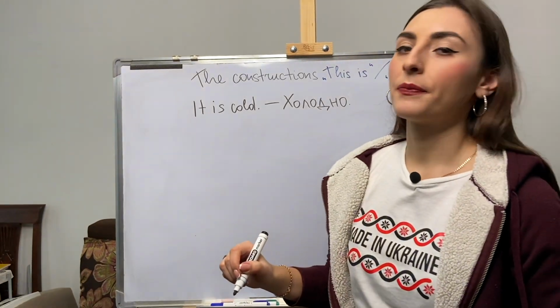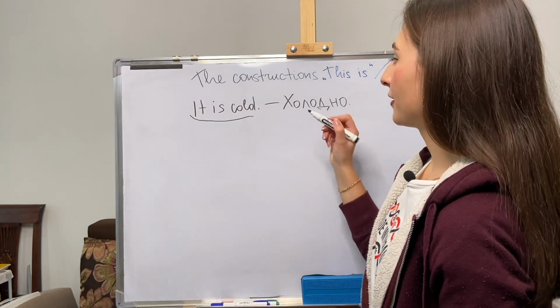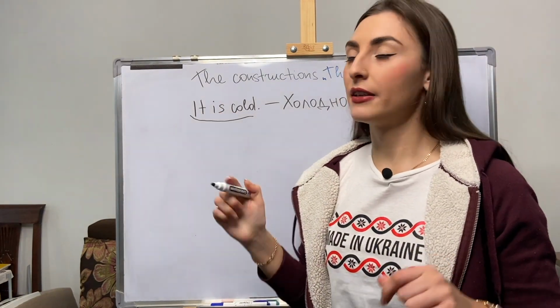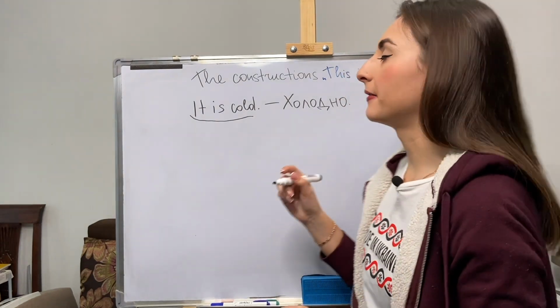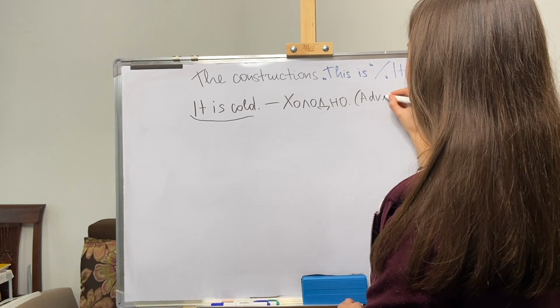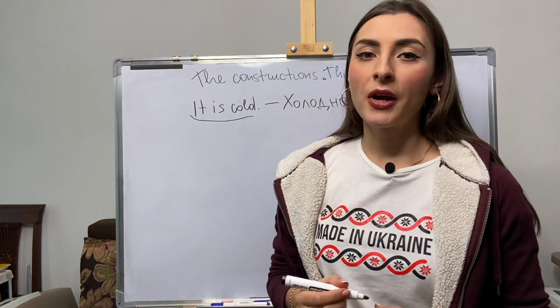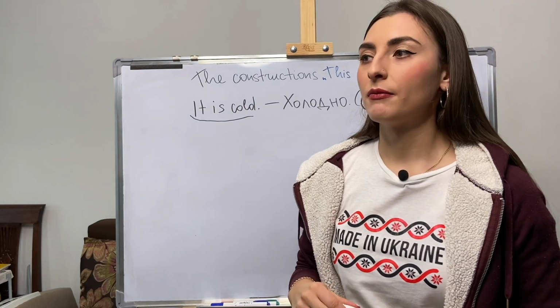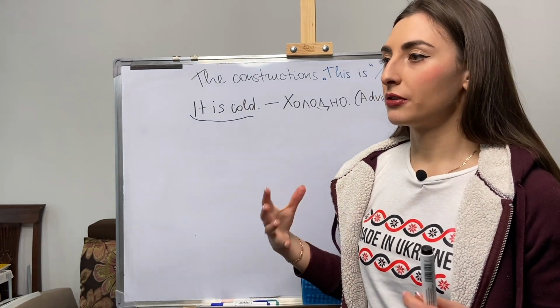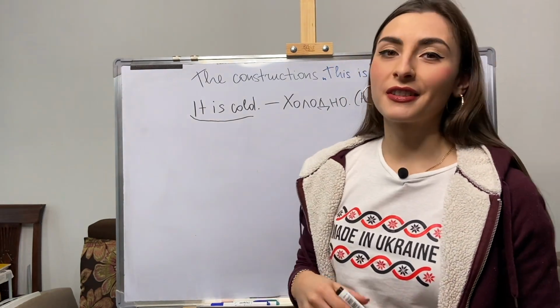So we can see we translate this sentence using just one word, and this word is an adverb. So when we describe weather, when we describe how we feel, we don't use this construction "it is".